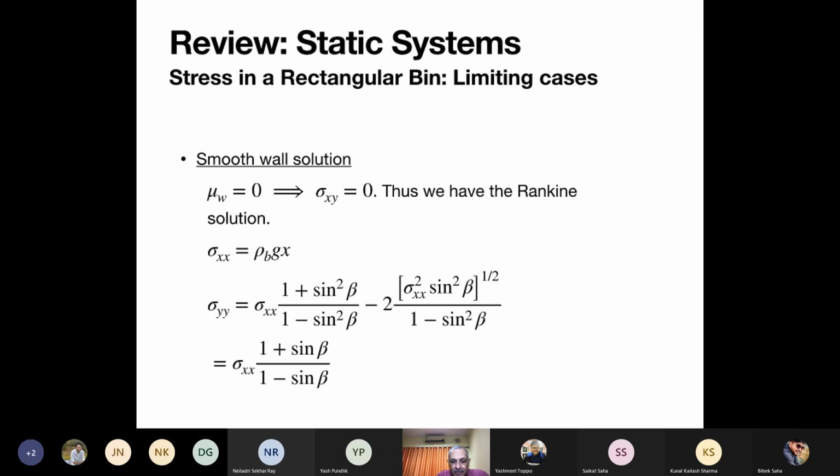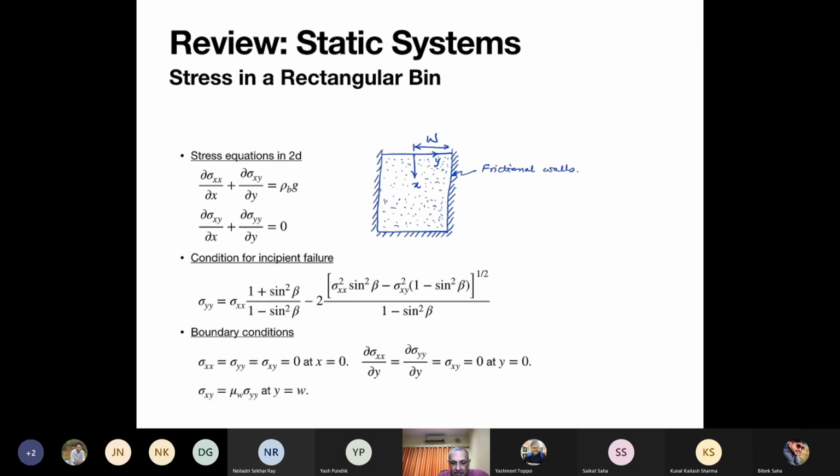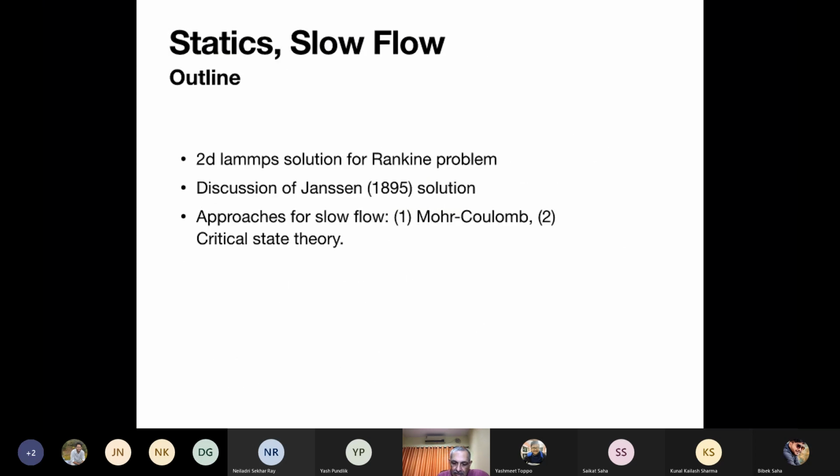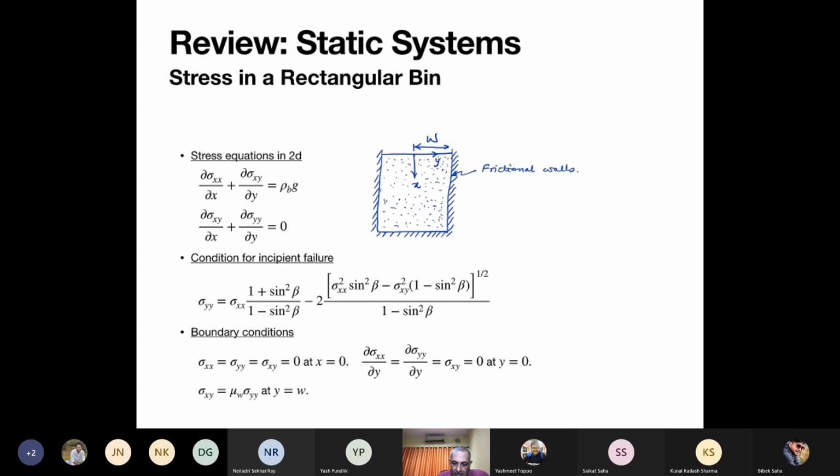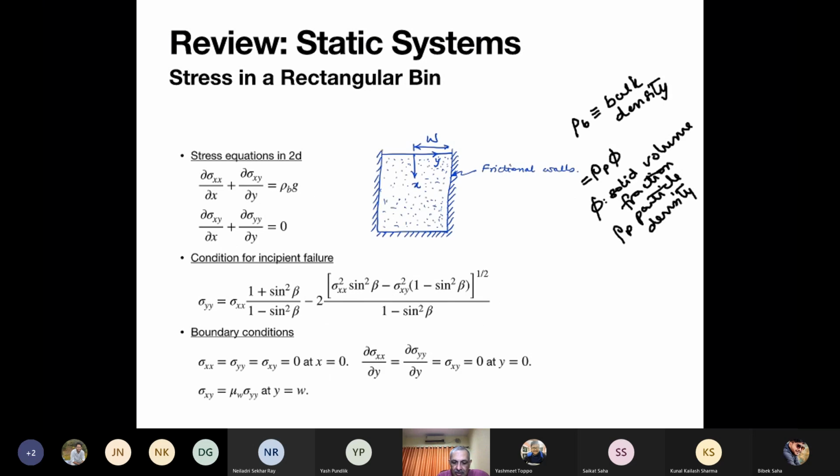For a smooth wall solution, that is when the wall is frictionless, then mu w is 0, so you get sigma xy equal to 0, and essentially all these equations just become the same as the Rankine solution, because if sigma xy is 0, both these terms are 0.